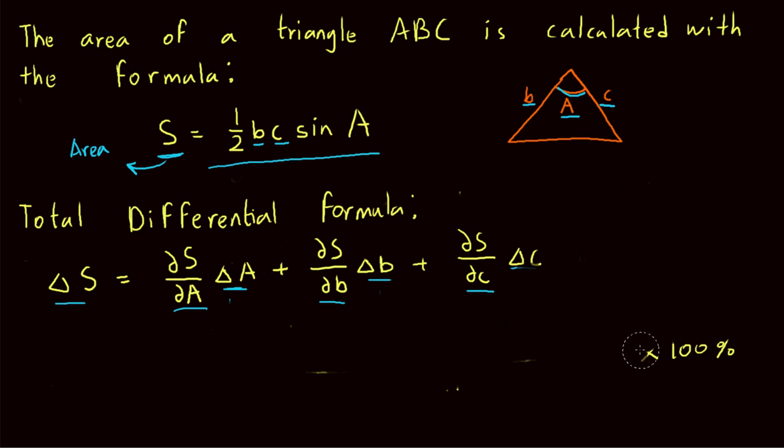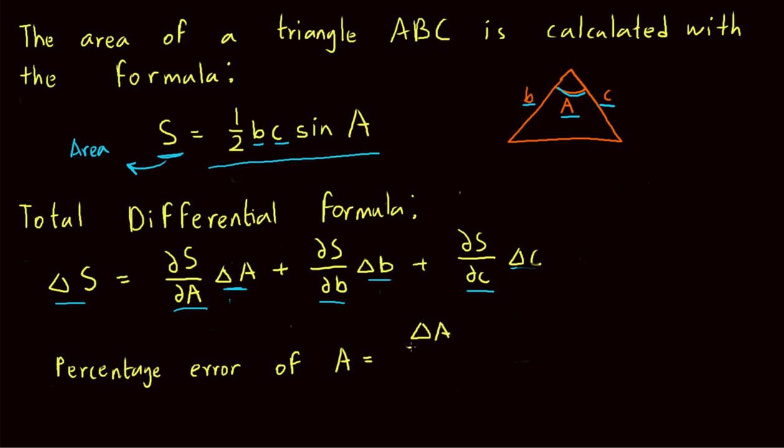So in our case, the percentage error of A is simply delta A, the actual error in A, over the original value of A, multiplied by 100%.